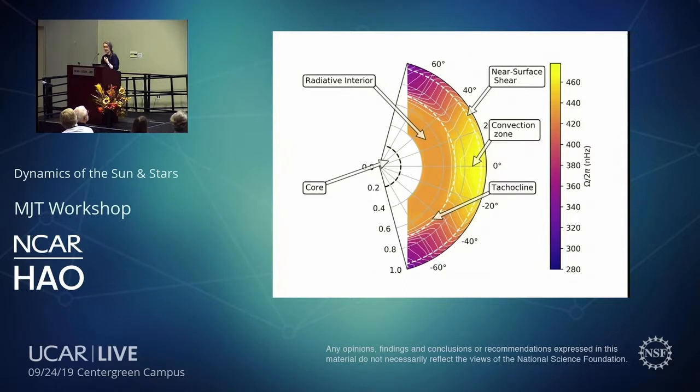We have the radiative core, which these inversions can't really speak to. The radiative interior, which looks fairly bland. The shear layer at the bottom of the convection zone, known as the tachocline. The convection zone, and the near surface shear layer at the top of the convection zone. So I'm going to look a little bit at each of these in turn.